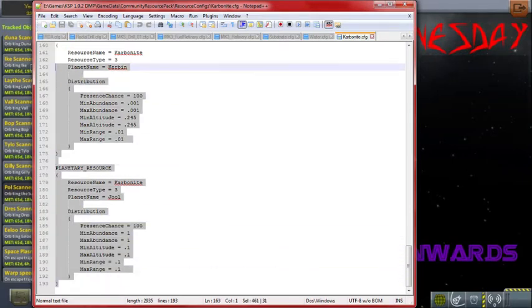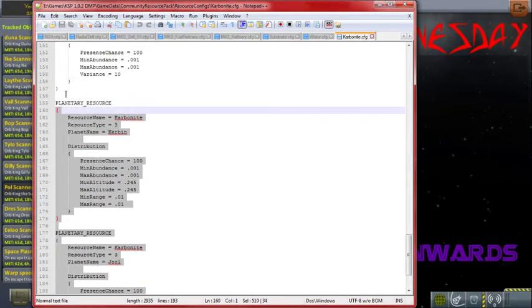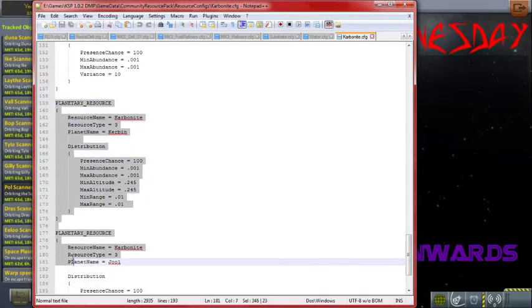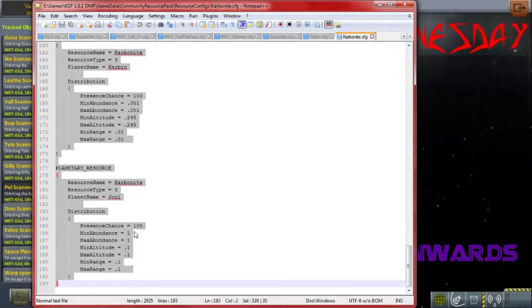So, those two statements there set a 100% chance of carbonite being around Kerban and Joule at those specific amounts, rather than having random variance.